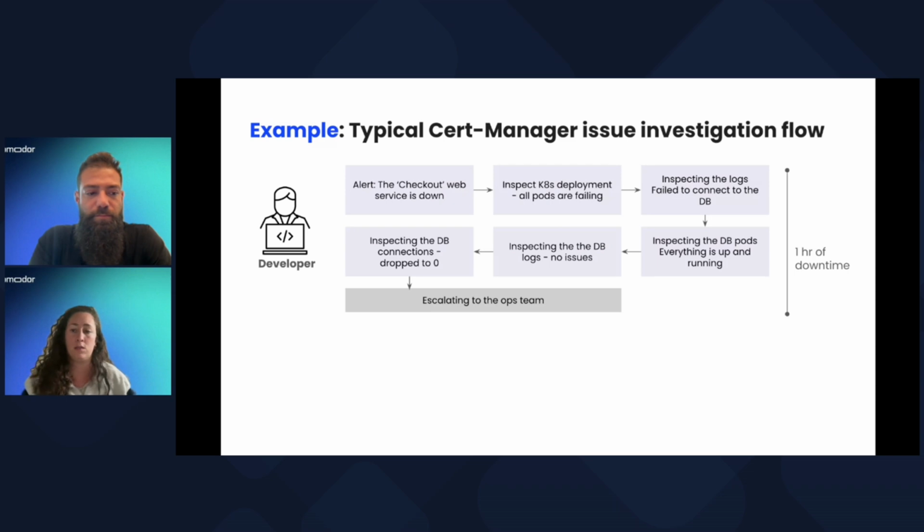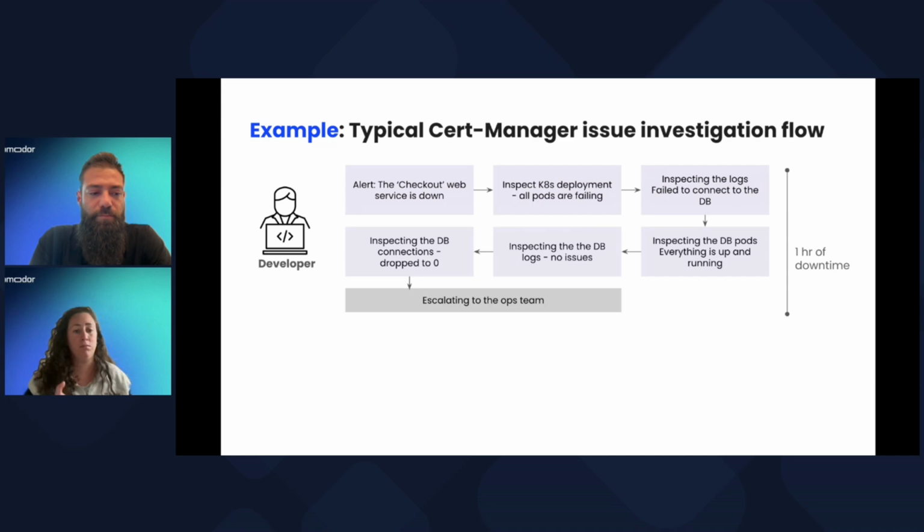It's responsible for managing issuing and renewal of certificates, and its job is basically to make sure that you have secured communication between the applications and services in your clusters.